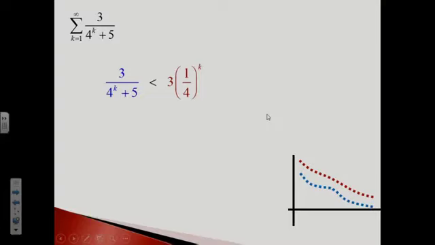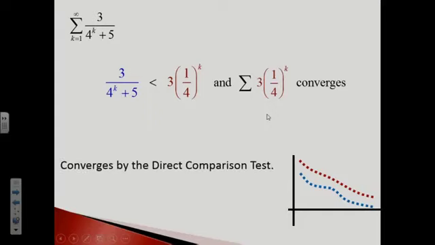So the given series is dominated by the convergent geometric series sigma 3 multiplied by 1/4 to the power of k. This geometric series converges because 1/4 is less than 1. So the direct comparison test tells us the given series must converge.